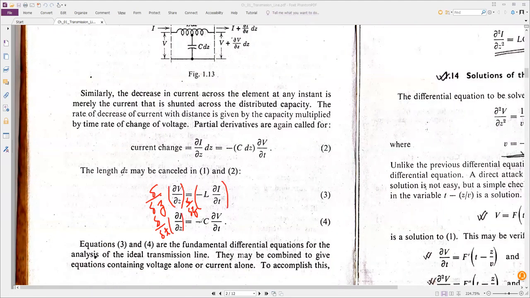This one with respect to time. Okay, you got it? I think you got it, right?